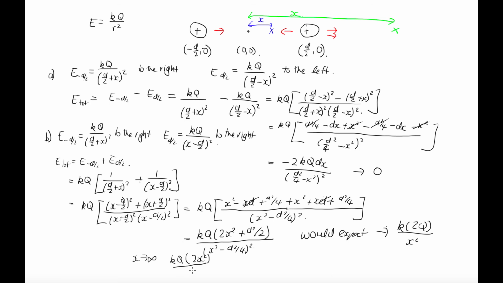And then on the bottom, we've got x squared, and this is squared. So this is equal to 2kq x squared over x to the 4, which you can see is equal to 2kq on x squared. So we've got the same expression for the limit which we got mathematically as our physical expectation would be.